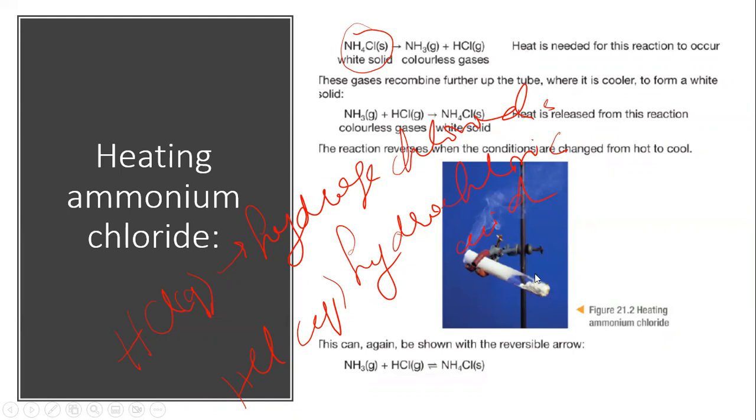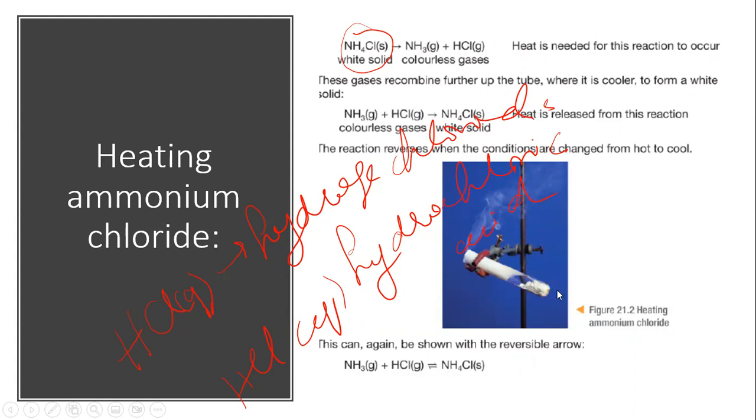If you go a little bit to the top in this particular area, now the tube is a bit cooler. The temperature is a bit lesser at the top. So what is going to end up happening? The ammonia gas and the hydrogen chloride gas will combine again to give you your ammonium chloride, and you can see it in the form of a white solid.